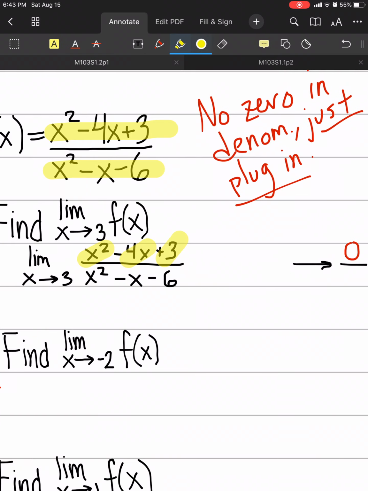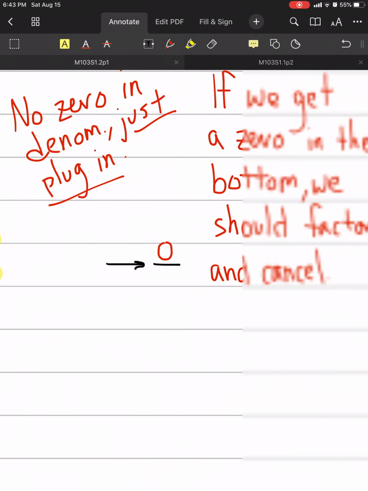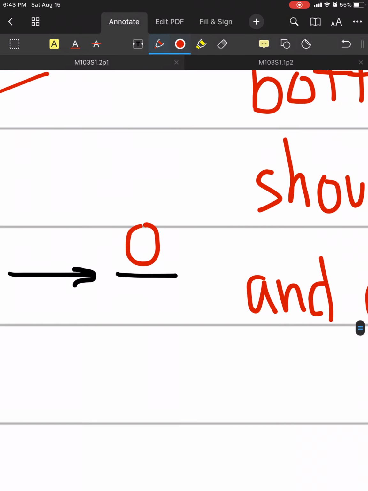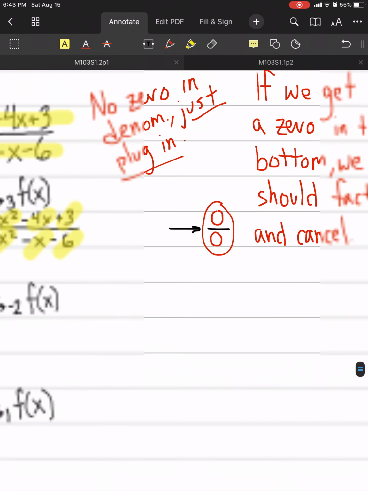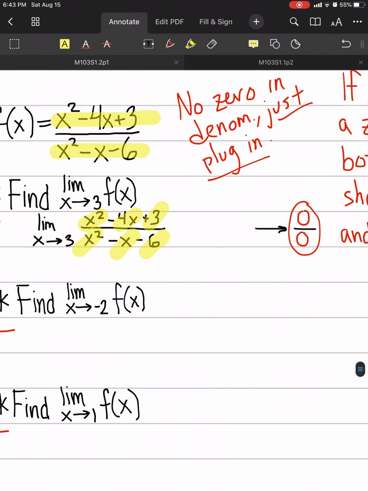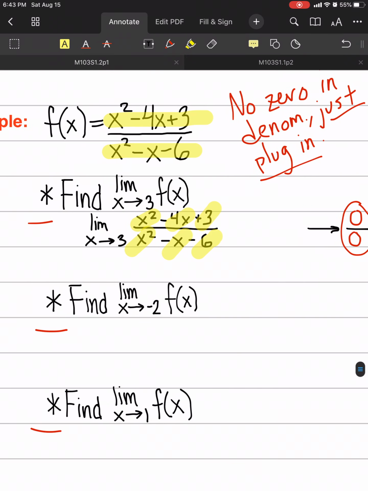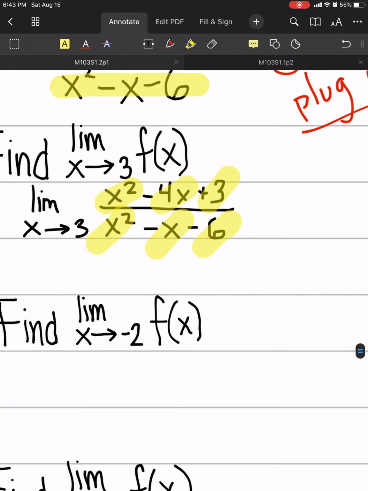Now on the bottom, 3 squared is again 9, minus 3, 9 minus 3 is 6, minus 6 is again 0. So what we get here is 0 over 0. This is a situation where just plugging in doesn't work. What we have to do then is factor the top and the bottom.